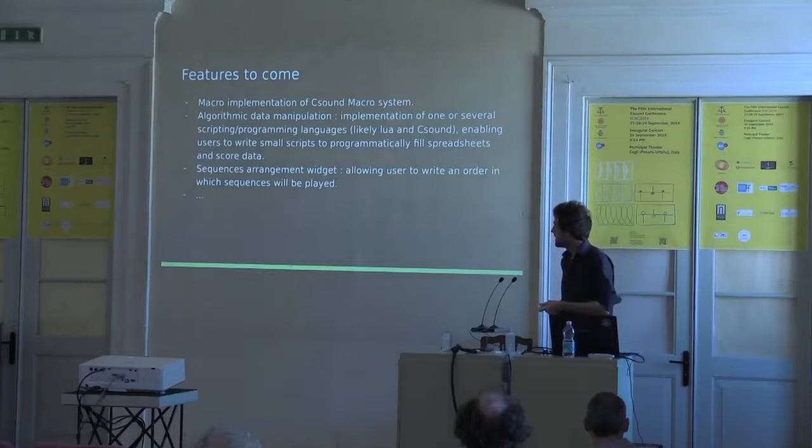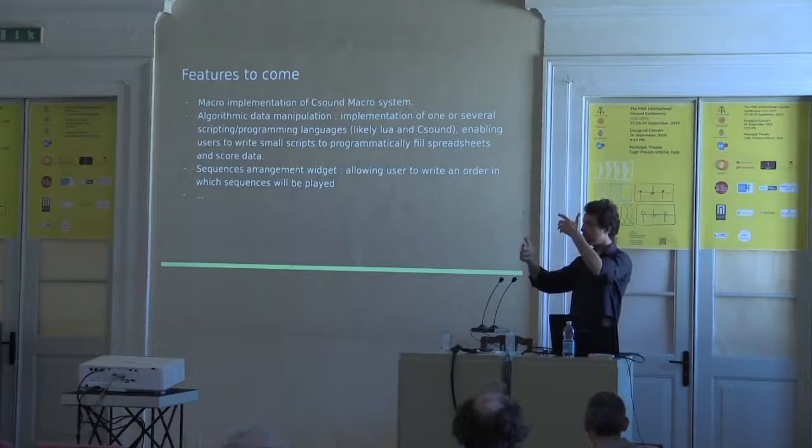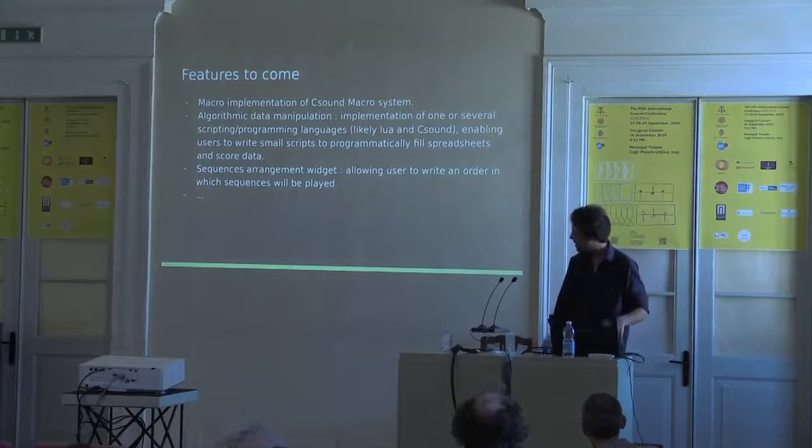Sometimes when you create a piece of music of, say, 1 minute, you want to put it at a certain place in your composition, but you have to rearrange it. So this will allow rearranging the full score completely.